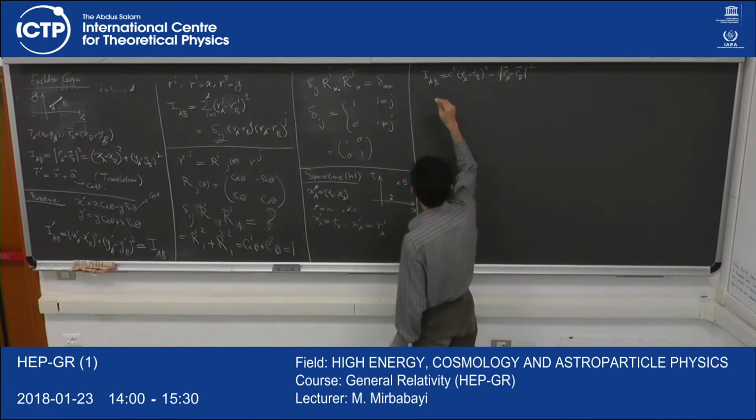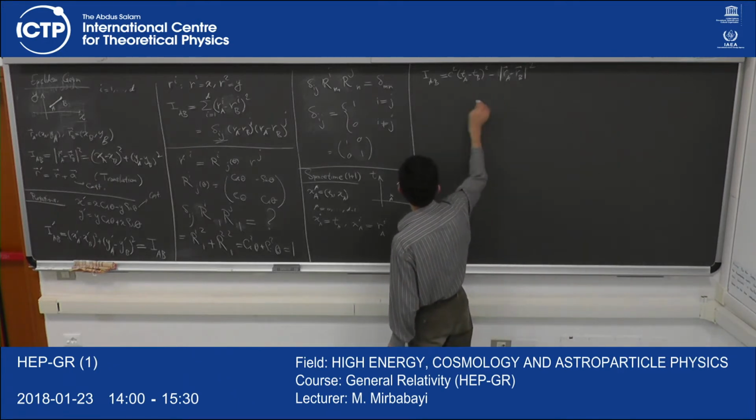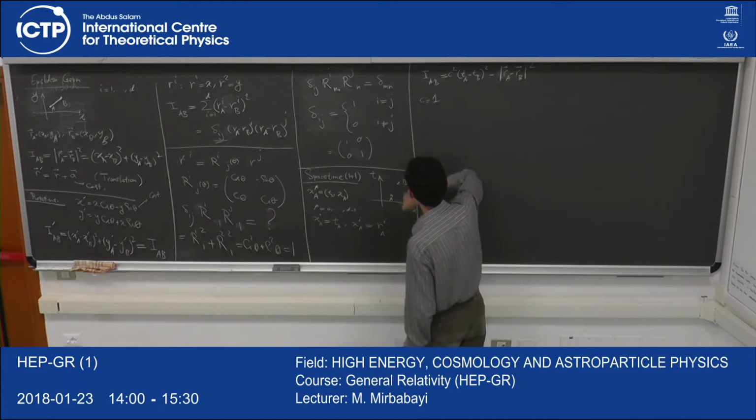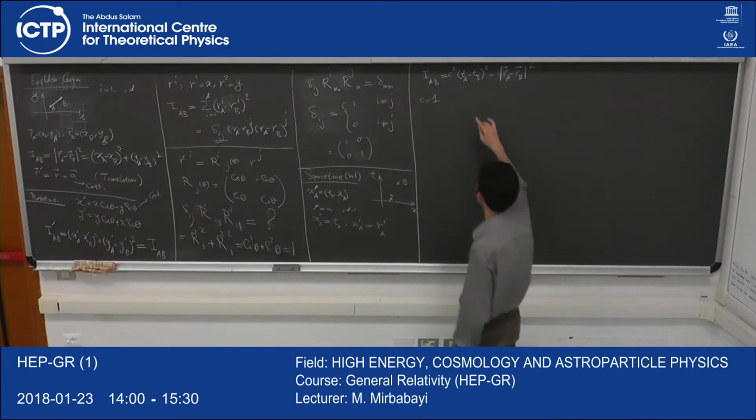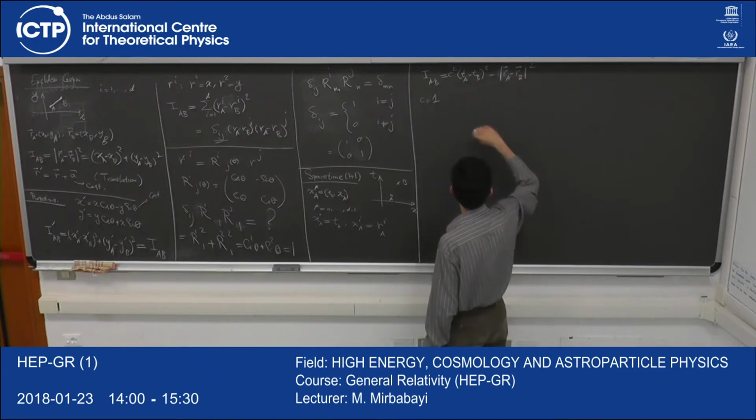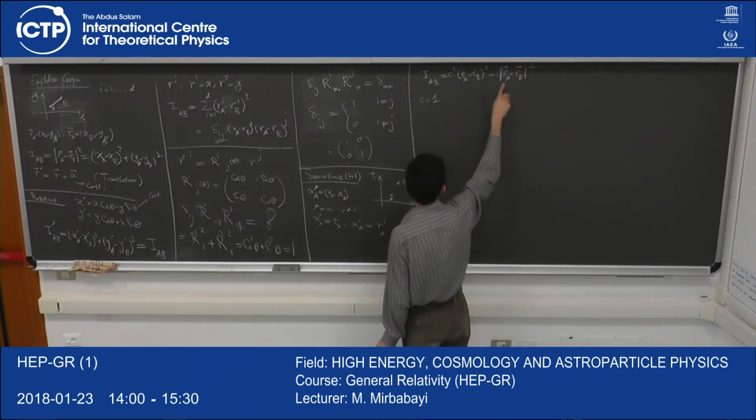I said c equal to 1 from now on. So then it becomes just (t_A minus t_B) squared minus the Euclidean distance.